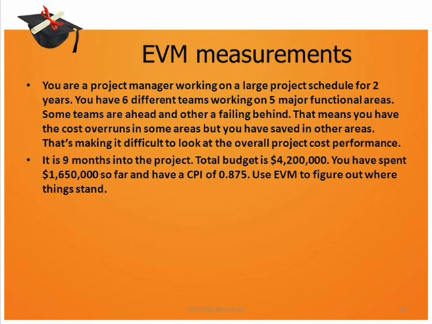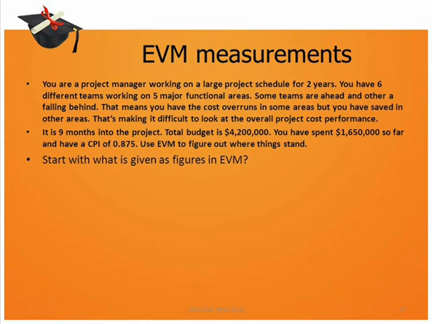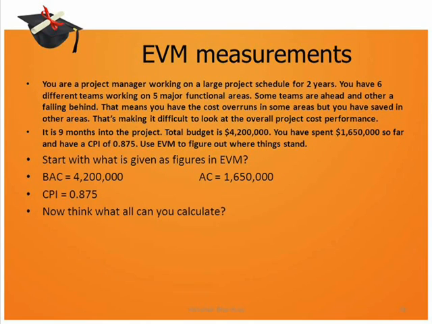Now, since there is a mixed performance by teams, as is written in the first bullet point, that some teams are ahead and others are falling behind, and there are cost overruns in some areas, but you have saved in other areas, you want to have a look at the overall picture and predict what is going to happen. We will use EVM to do that. Let us first jot down all the values that are given in terms of EVM measurements. So as specified, the given values are BAC, AC and CPI.